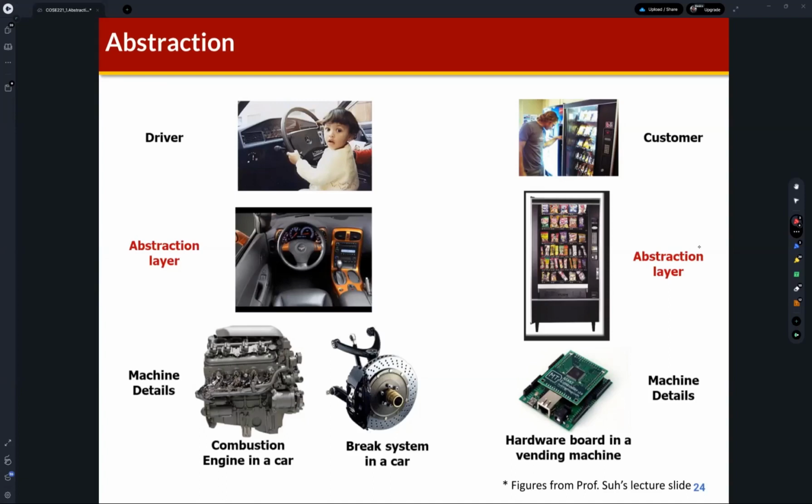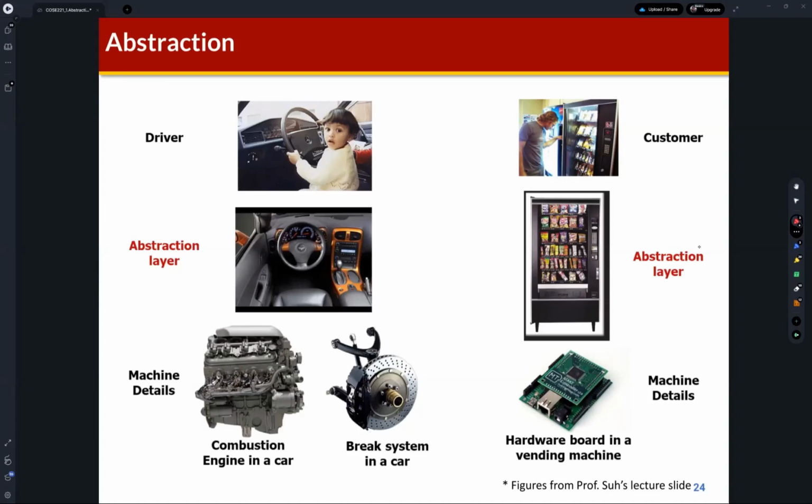Also, a single car includes very complex systems such as the accelerating systems, fuel providing systems, and brake systems. Right. The inside of a car is a very complex system. Without knowing this knowledge about the system, we can drive a car.